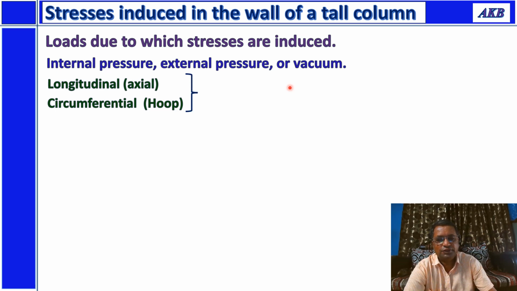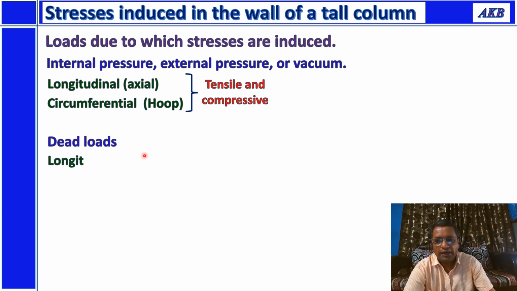What is the nature of these stresses? They will be tensile and compressive. So due to internal pressure within the column, or due to external pressure or vacuum, you have axial stresses and circumferential stresses that are induced, and their nature is tensile and compressive.